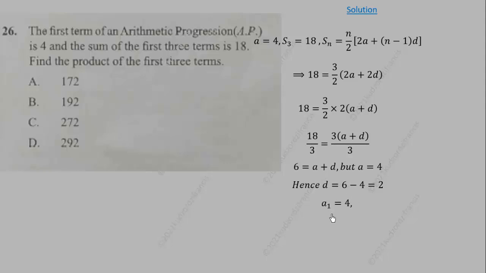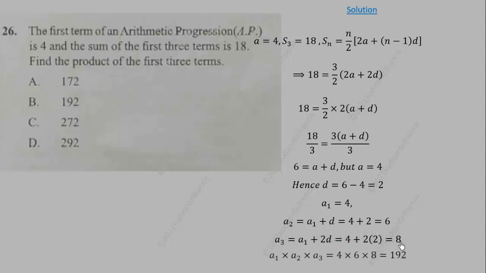So we have the first term to be 4 and the common difference to be 2. So we have to find the product of the first three terms. So the second term is 6, then the third term is 8. So their product will be 4 times 6 times 8, which is 192.